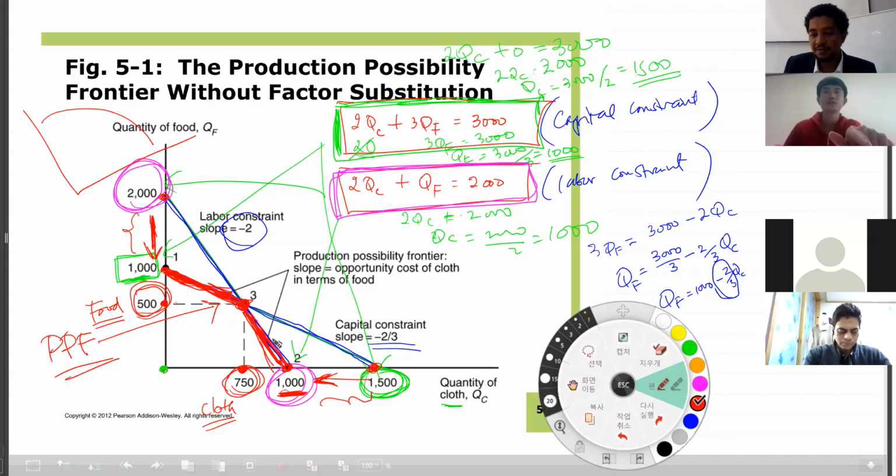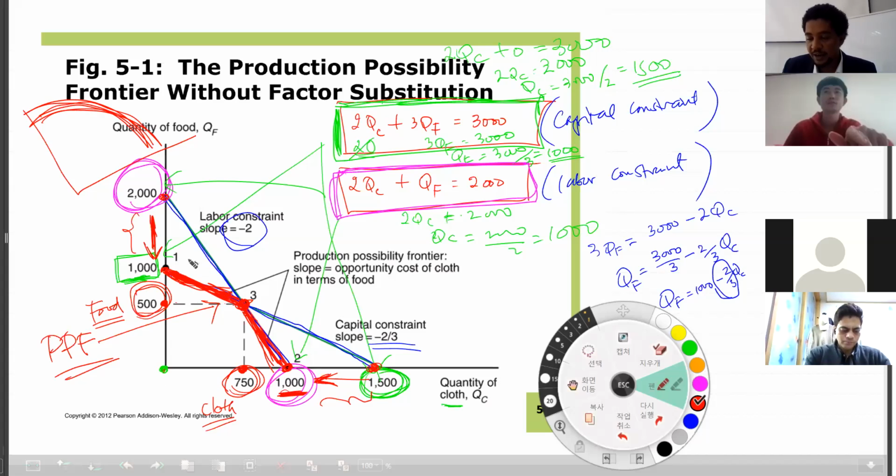So when you have a production possibility frontier like this, it means that it doesn't have a constant slope, okay? If you see this, there is a constant slope because there is a constant increase or decrease.